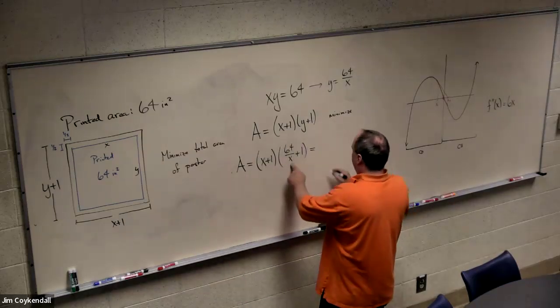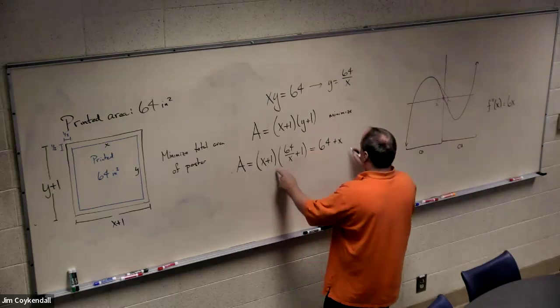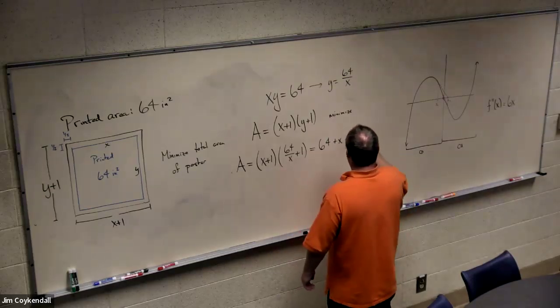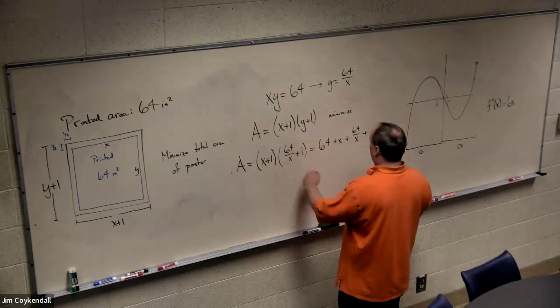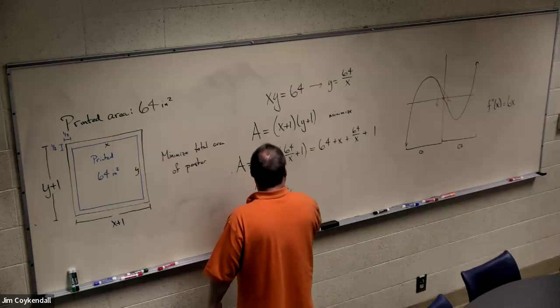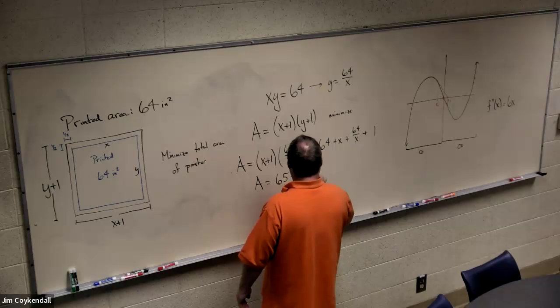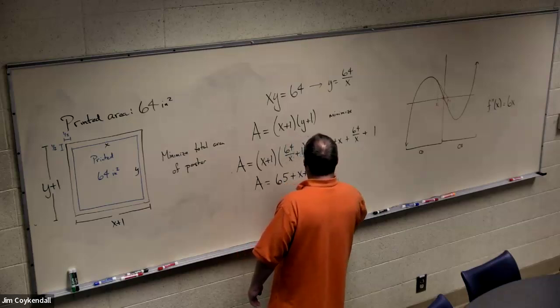Yes, it's going to be 4 plus X plus 64 over X plus 1. So my A is equal to 65 plus X plus 64 over X.